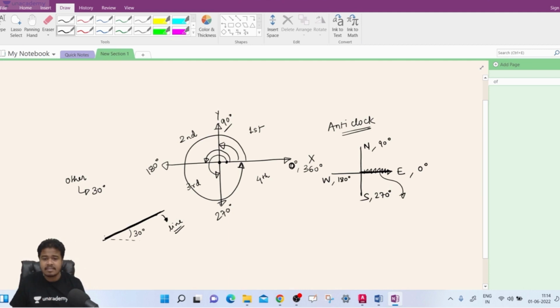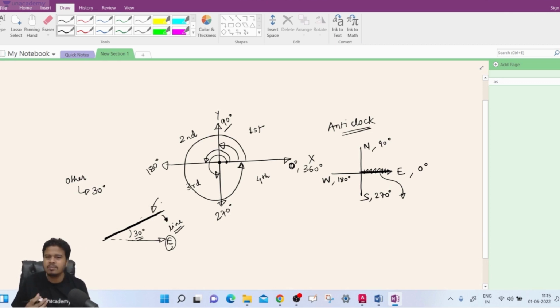Yes, from this baseline, all the angles it will measure. I hope you got my point. Obviously, this is the east. If you select east, the AutoCAD will measure from this line. But if you select other and type 30 degree, the AutoCAD will measure the angle from this particular line. So that's the option.